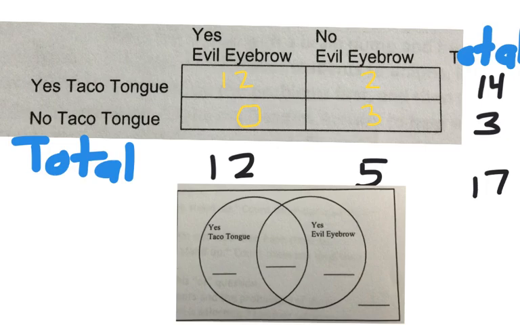So if I'm in this one, I'm yes on evil eyebrow, but I'm not yes on taco tongue. Right? And then here, these are people that are yes on taco tongue, but they are not yes for evil eyebrow. Right? That's this column. And then what does this represent? This box would be everybody else that's in the universe, is what it's called, but they don't fit into these circles. So these would be people that can't do either one of those. That would be this box. Right? You're in the universe.